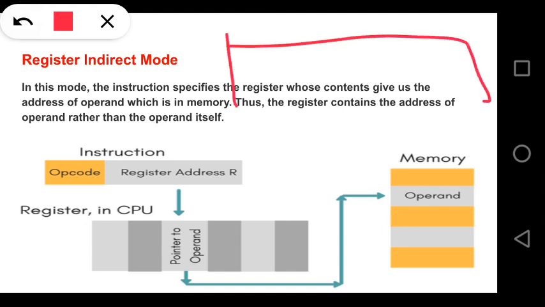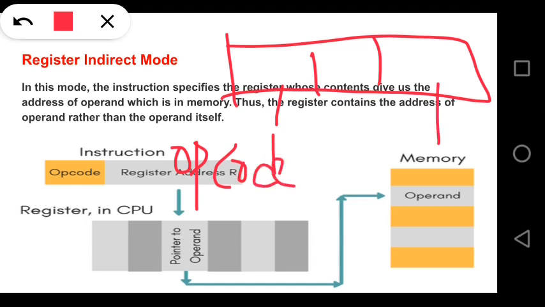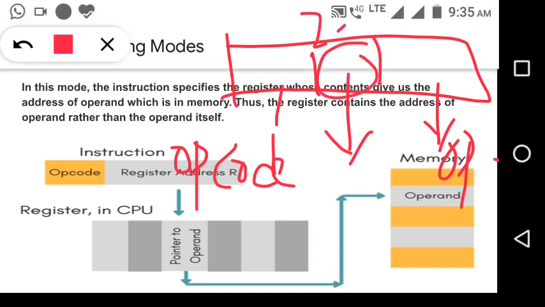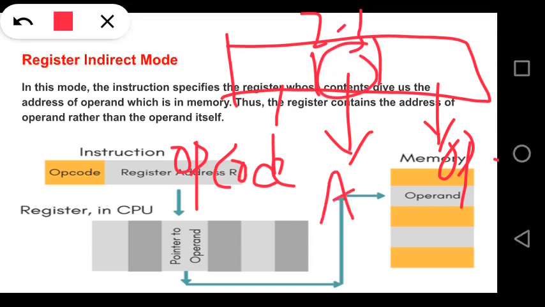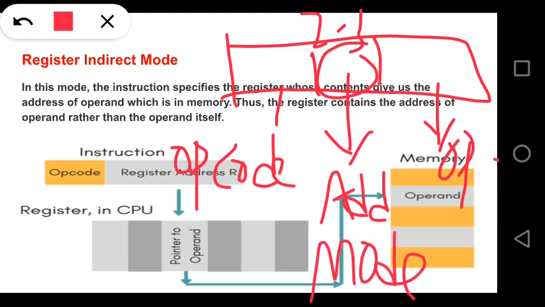So now we understand the importance of dividing the instruction into three parts. One is opcode, another is operand, and some 2 bits or 3 bits are reserved for addressing mode. This is important. These 2 or 3 bits are reserved for addressing mode.